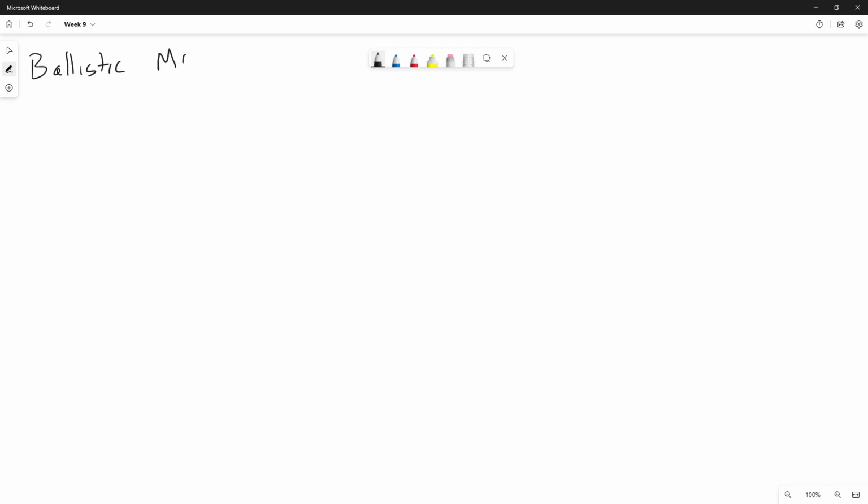So, we are looking at ballistic MOSFET. Now, just a recap. What is the chief difference between a conventional MOSFET, a normal MOSFET, and a ballistic MOSFET?